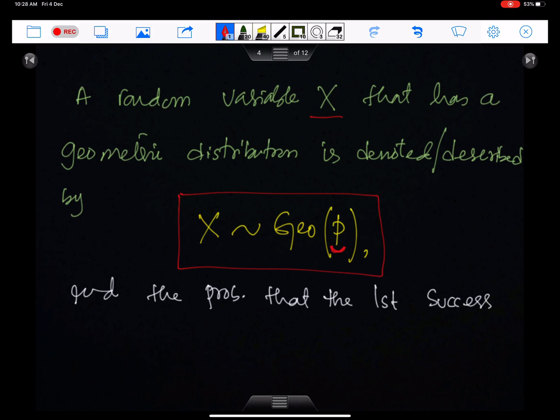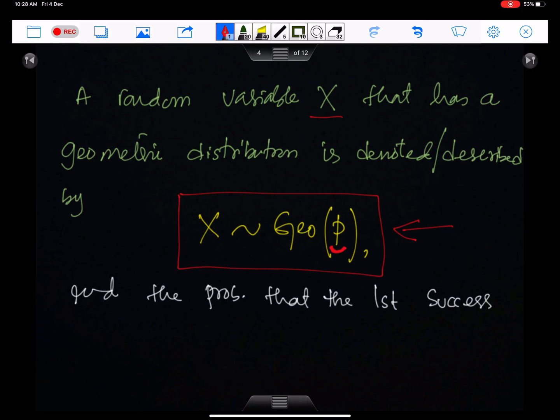A random variable X that has a geometric distribution is denoted by this: X follows geometric with parameter p, and p means probability of success.